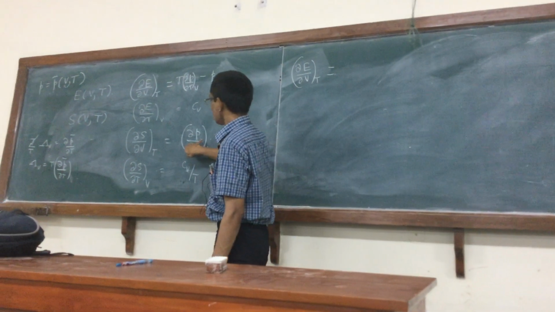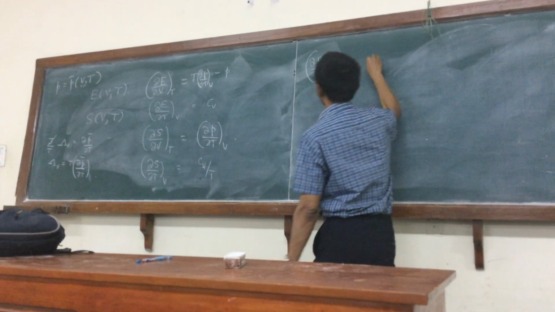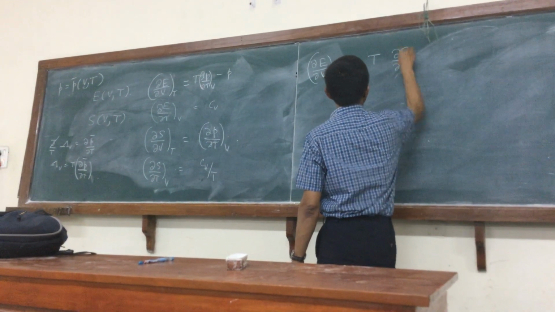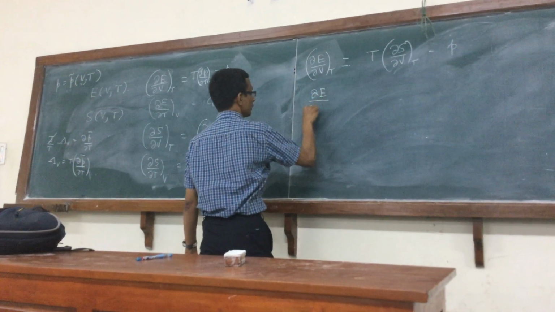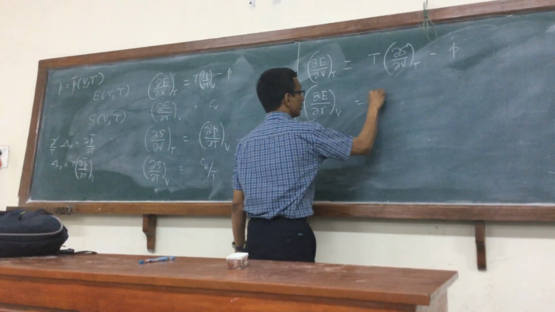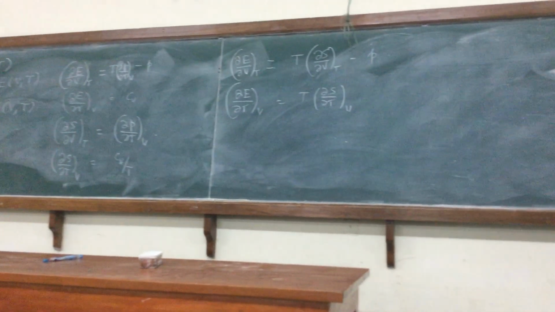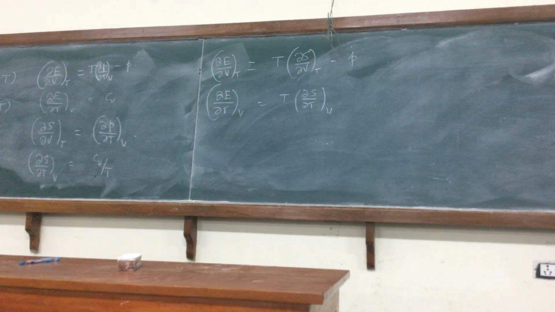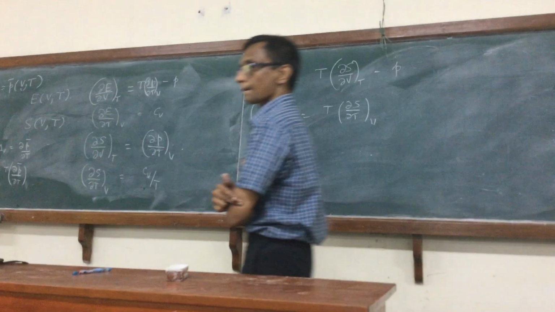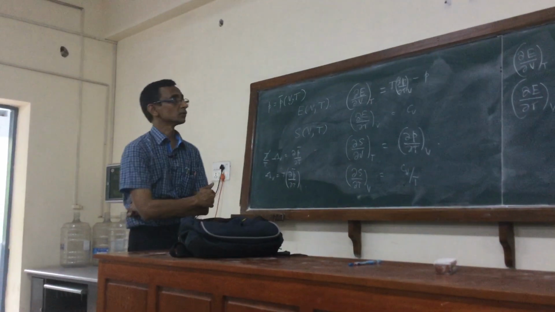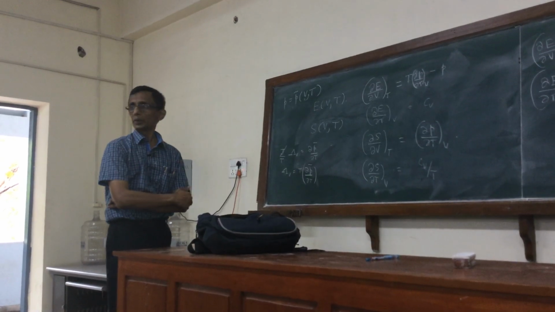I can take note of the fact that dP by dT is given by dS by dV, and I can then write it as minus P, and dE by dT equals T dS by dT at V. Now, what is the reason for doing this?